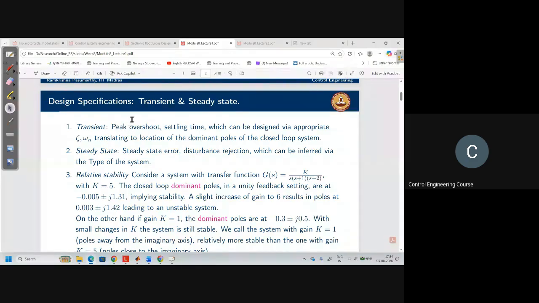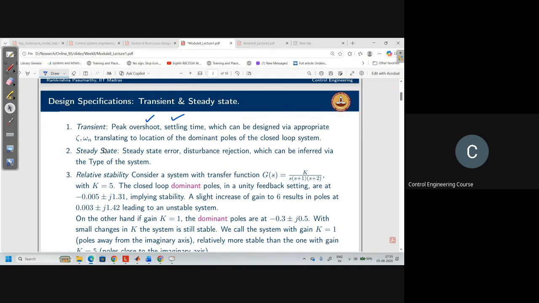Mostly we are given peak overshoot and settling time, which characterize our desired speed and stability. From these two parameters, you will calculate zeta and omega n.